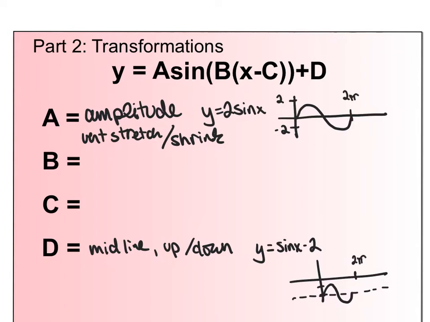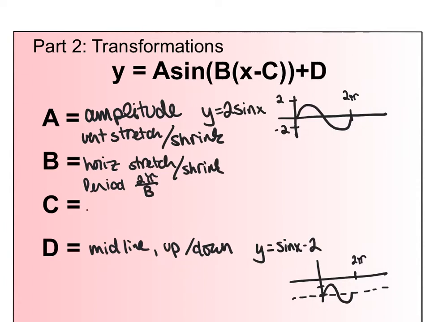Okay. B is your horizontal stretch, shrink. But more importantly, it's going to affect the period. So your period on sine is 2 pi. If it's transformed, your period is now going to be 2 pi over b, and we'll talk about that a little bit more.